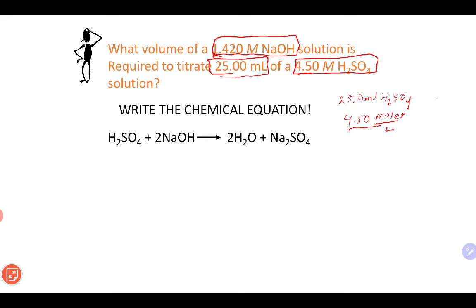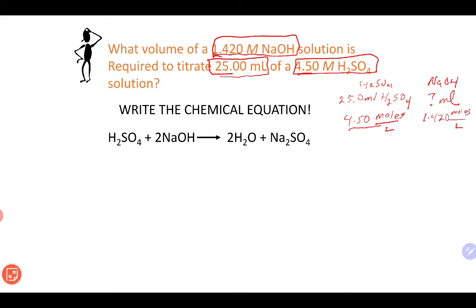For the unknown, sodium hydroxide, I don't know how many milliliters I need to get to the equivalence point, but I do know that it is 1.420 moles per liter. So this is my H2SO4, and this is my NaOH.